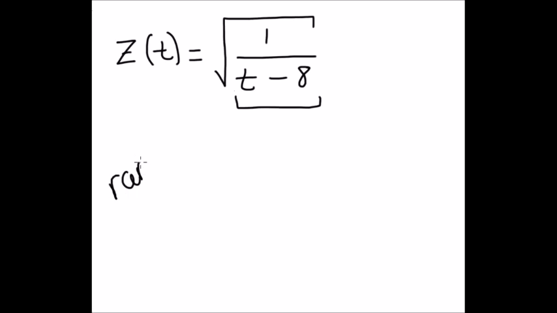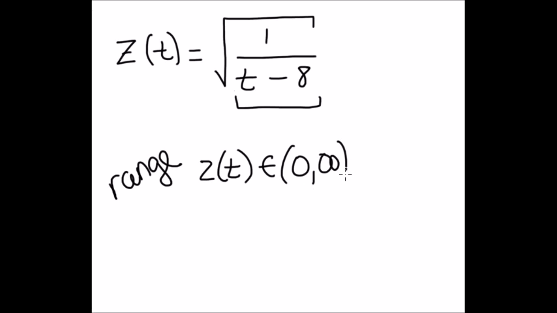So the range of this function is going to be the values z of t can take on anything between 0 and positive infinity, not including the number 0, because 1 over t minus 8 can never be equal to 0.